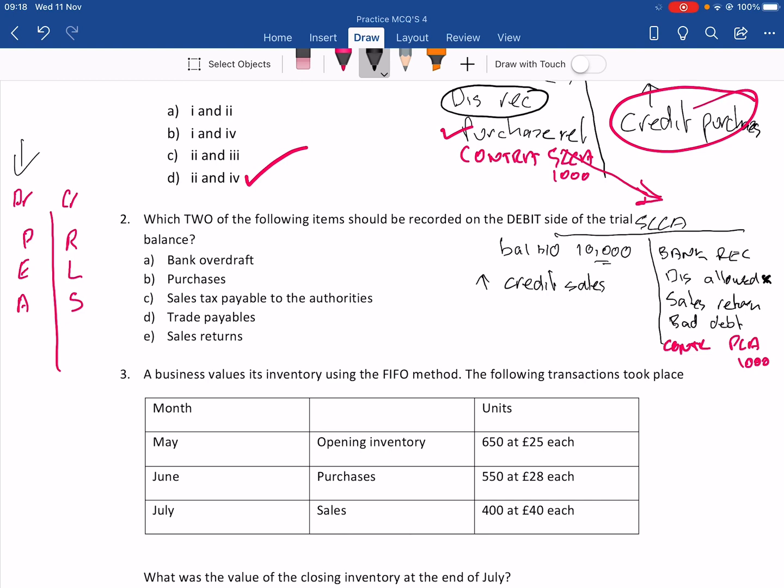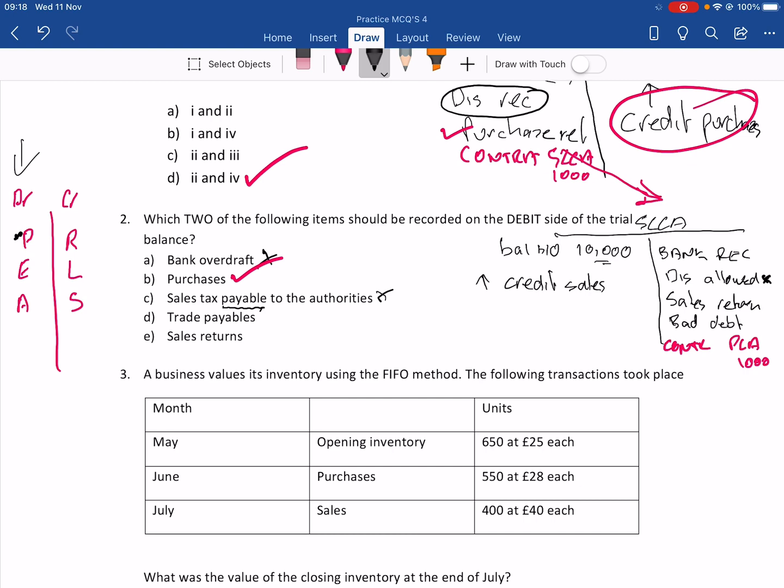So what should be on the debit side? Bank overdraft? No, because a bank overdraft is a liability. Purchases, yeah? So purchases is on the debit side, so that one's a tick. Sales tax payable, payable is where we still owe, so that will be a liability, so that one's not.